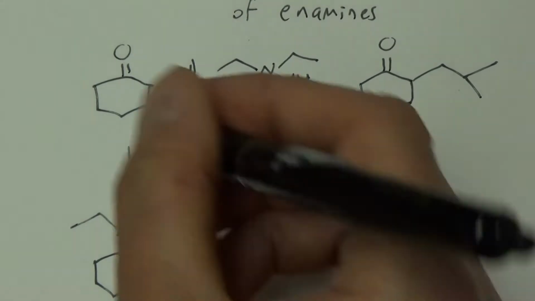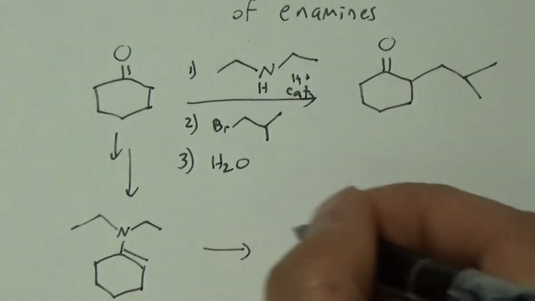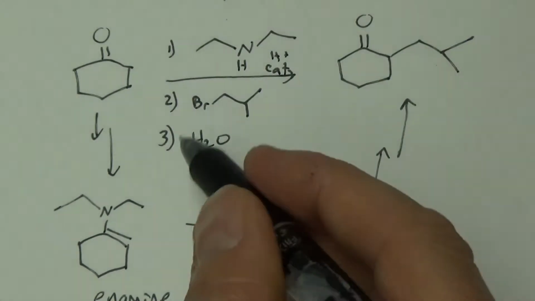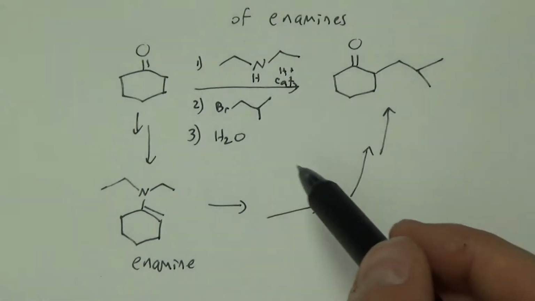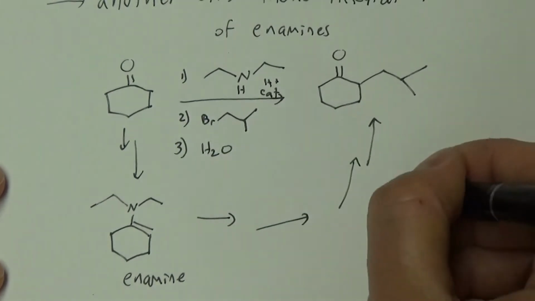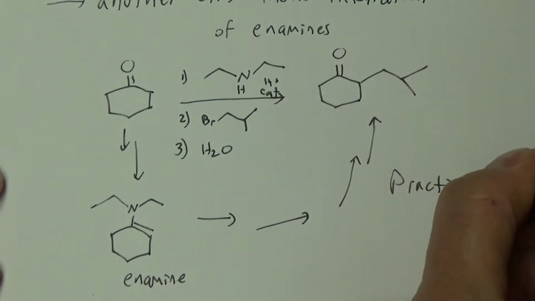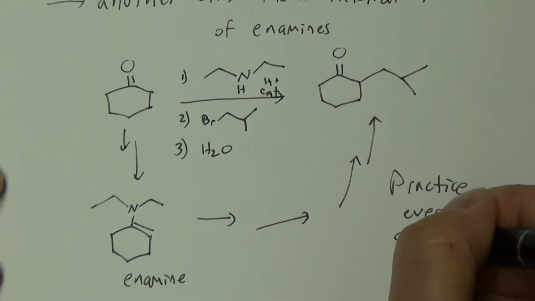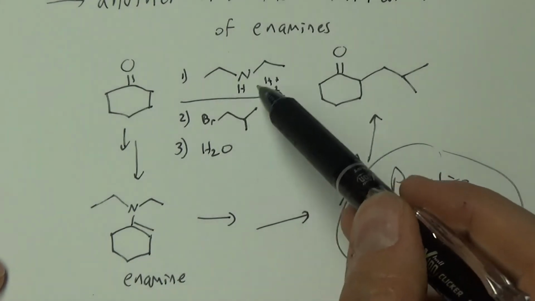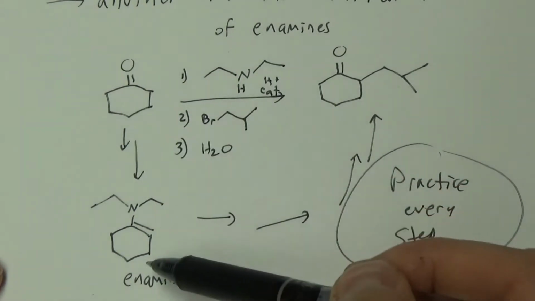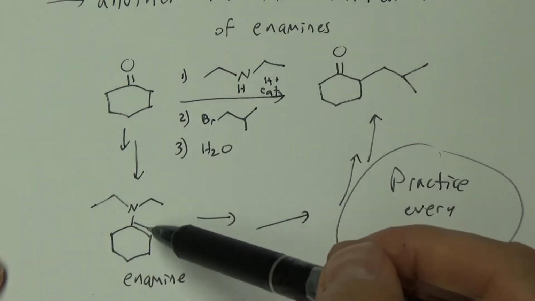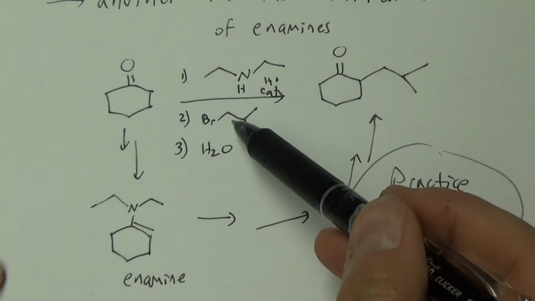Okay. Anyway, so for you to practice, maybe for a quiz, do every step of this mechanism. See if you can do it. Practice the formation of the enamine from here to there. Look it up, chapter 17. Practice the attack of the enamine onto the alkyl halide.